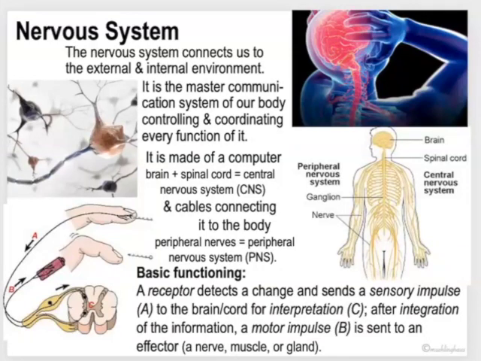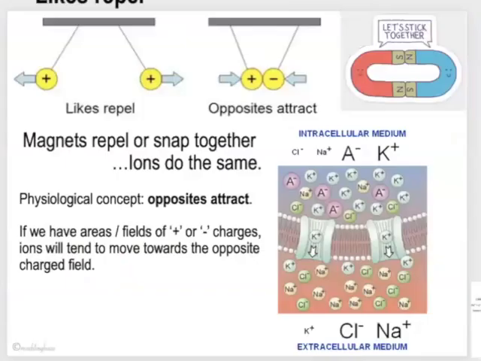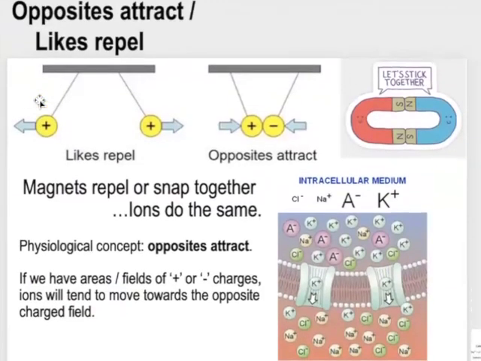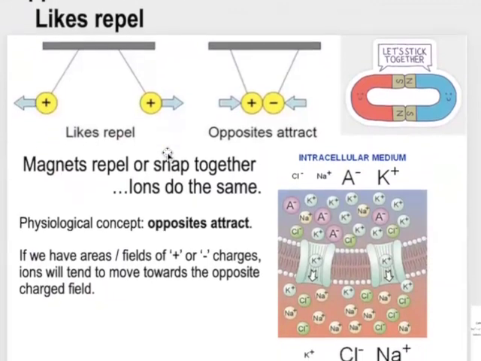When we look at the nerve impulse, let's make sure we understand that most of a nerve impulse is based on the electricity concept of opposites attract and likes repel. Magnets that snap together and pull apart are kind of that same concept. That's where we get to the positives and the negatives, and that's how we create nerve impulses.